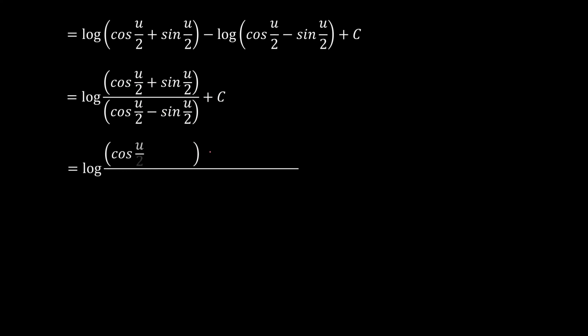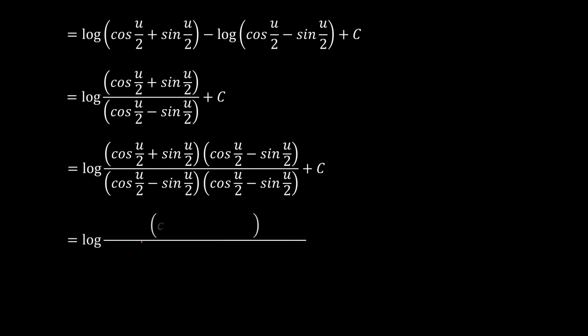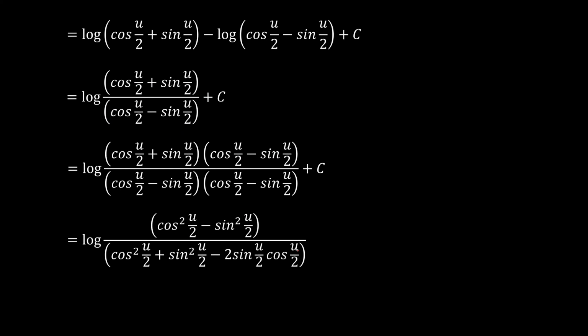And then we could multiply the numerator and denominator with cosine u over 2 plus sine u over 2, such that we have natural logarithm of cosine squared u over 2 minus sine squared u over 2 for the numerator, and cosine squared u over 2 plus sine squared u over 2 minus twice sine u cosine u over 2 for the denominator. And what that means is that we have cosine u over 1 minus sine u plus c.